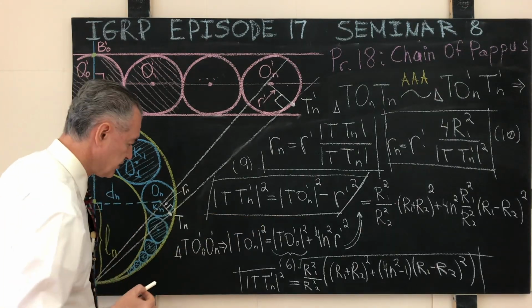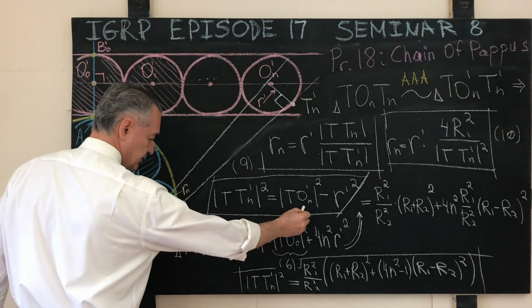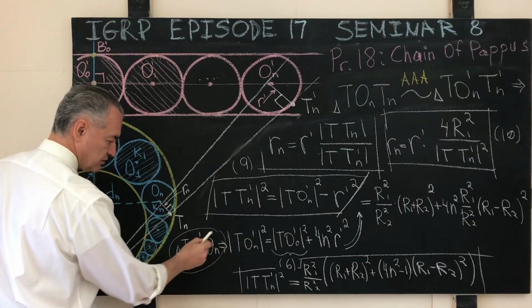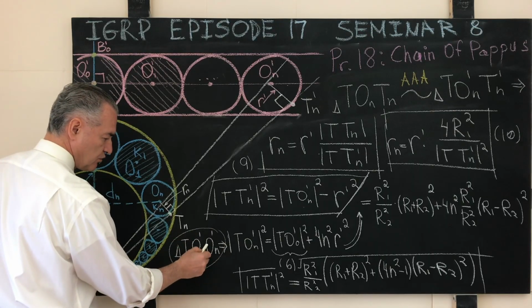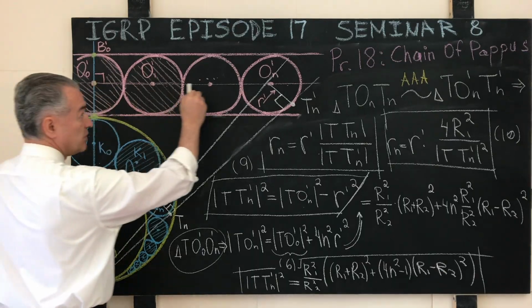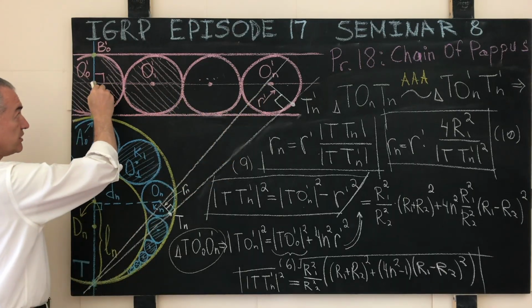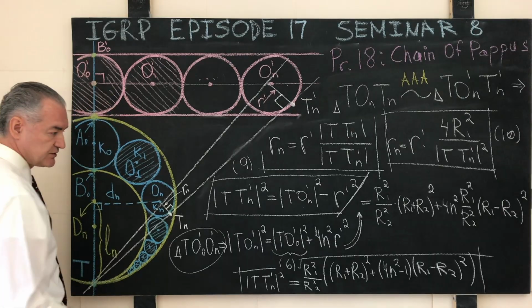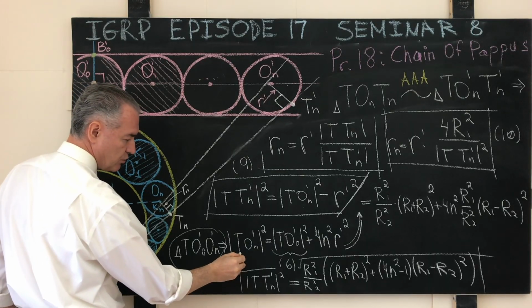But this is trivial. We take the square of this distance from the triangle T O prime 0 O prime, this triangle right here, because all the material in that triangle is already available to us through its local material.